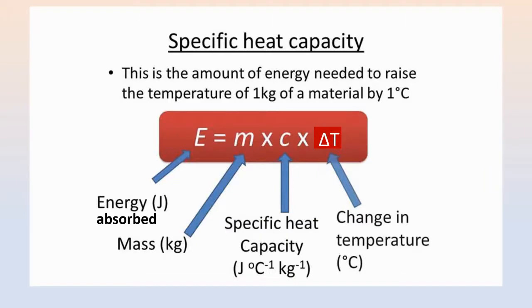Specific heat capacity, we have already studied the definition, which is the amount of energy needed to raise the temperature of a unit mass of a material by 1 degree Celsius.